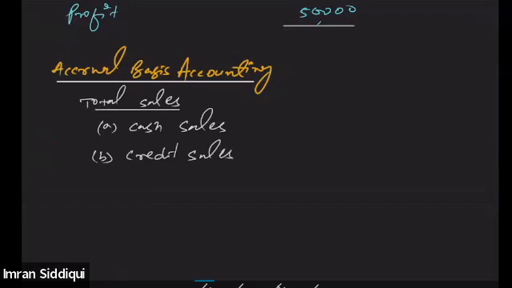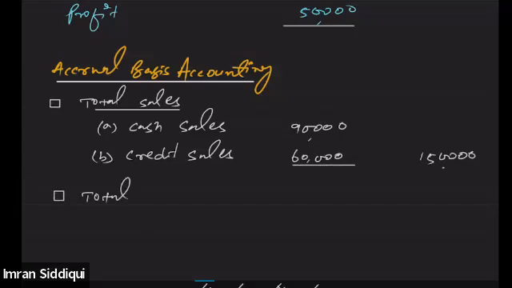The cash sales given in the question is 90,000. Credit sale is also there, 60,000. So total sales equals 1,50,000.